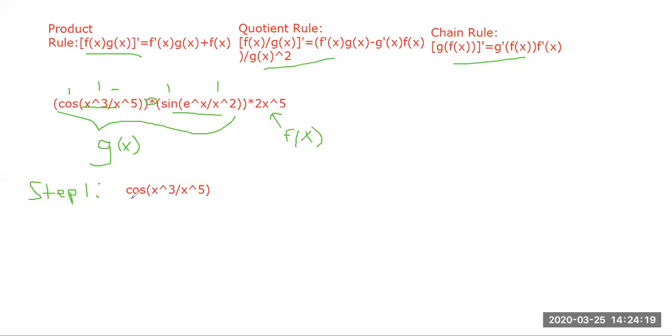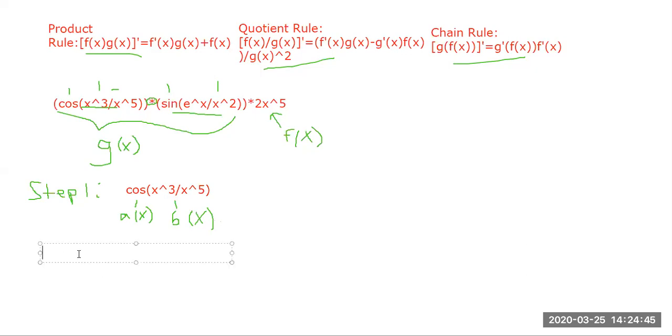Okay, so to do this, we got 2 functions here. I'm going to call this a of x. Call this b of x. Text box going again.